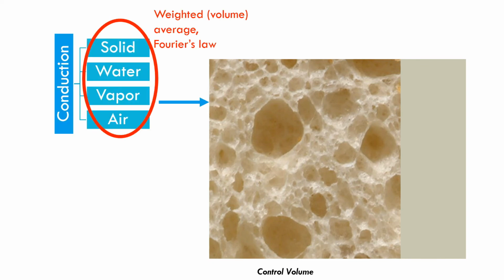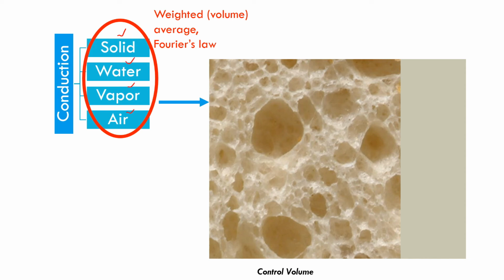So I will repeat now what we have already said in one or two different ways, just so that we are more clear about things. This is a graphical representation of what we just did. The conductive flux, the heat conduction in the process, happens in solid, in water, vapor, and air.